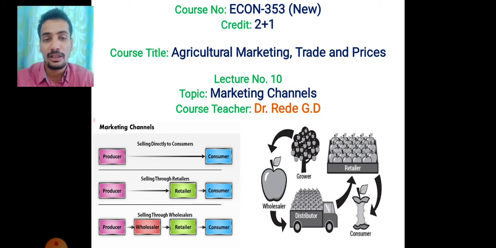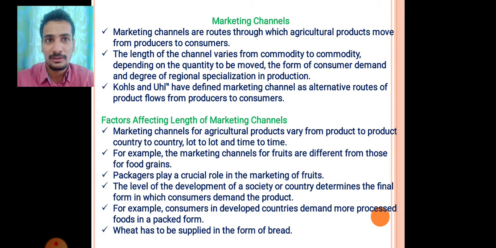So what is a marketing channel? Marketing channels are the routes through which agricultural products move from producer to consumer, that is, from the point of production to the ultimate consumer. The length of a marketing channel varies from commodity to commodity, depending on the quantity demanded.